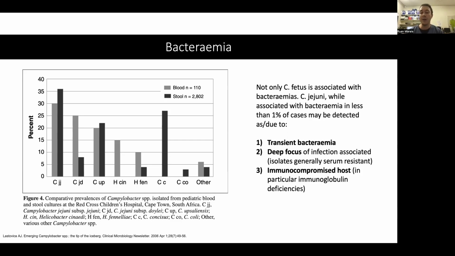And immunoglobulin deficiencies are very well described as a specific immunodeficiency that's important. In the data from that same Red Cross study, Campylobacter jejuni was the most common species isolated from blood, but quite a lot of other species were also isolated.